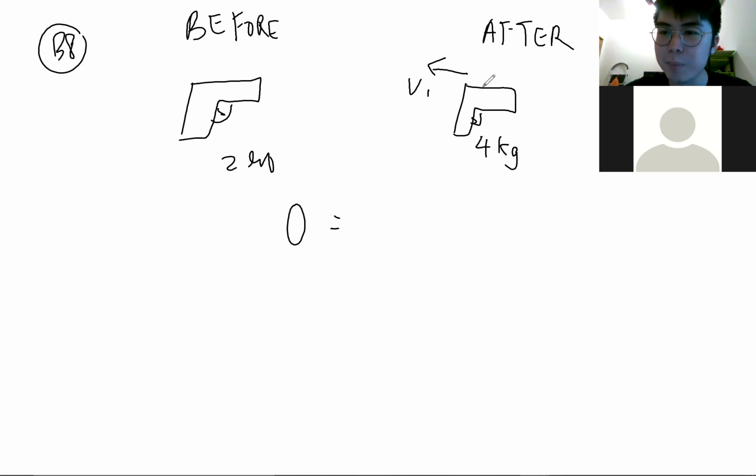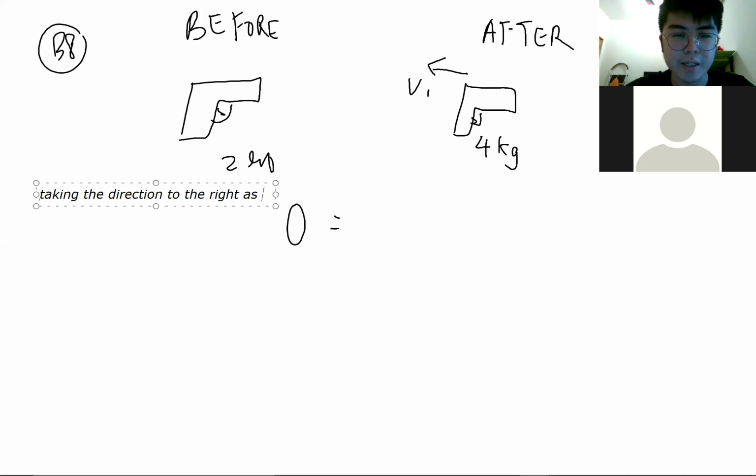Now first, because you have different velocities acting in different directions, you have to assign the direction. So here I assign taking the direction to the right as positive. For me, I want all the direction to the right to be positive.